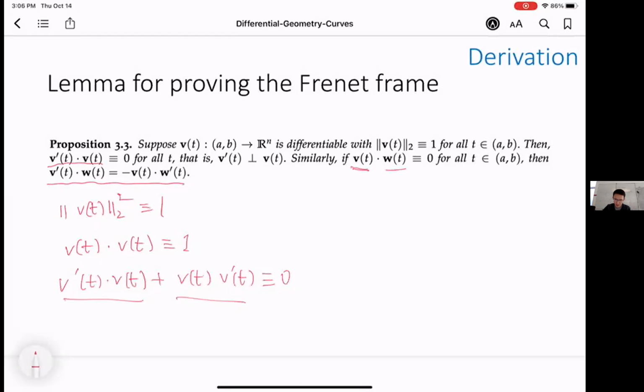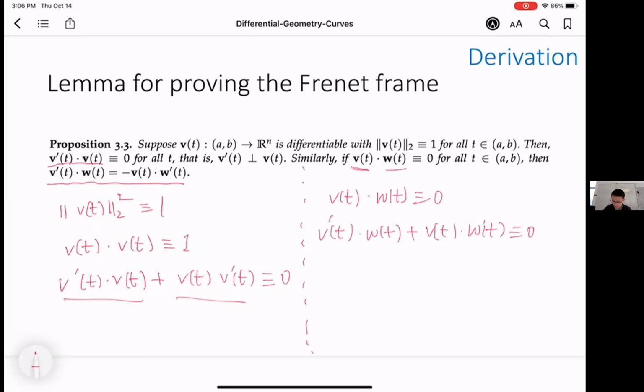The second one we try to prove here is also easy. Basically we have two vectors that are perpendicular. Again, we just take the derivative on both sides by the product rule. This is what we get: V prime of t times W(t) plus V(t) times W prime of t.